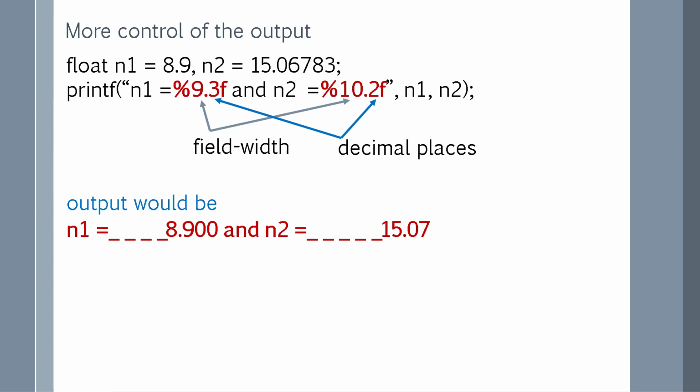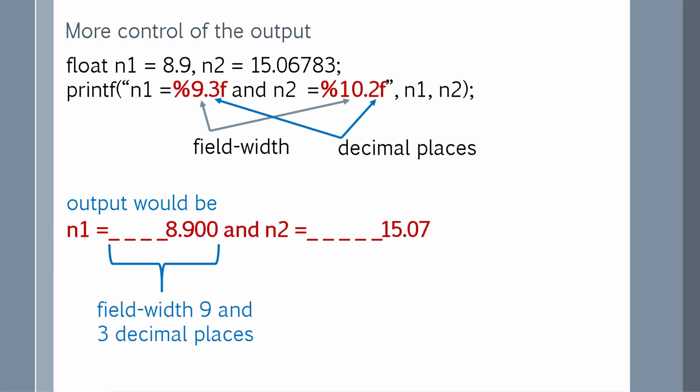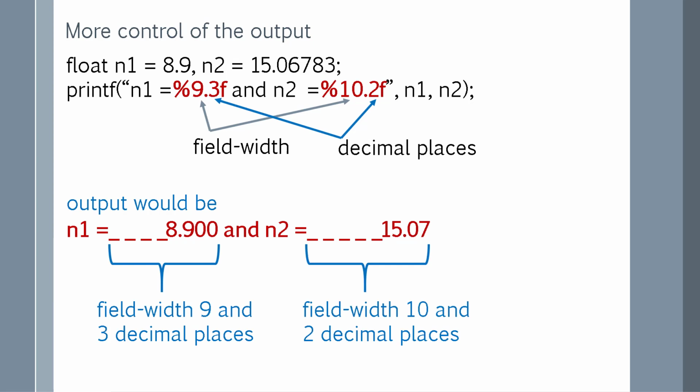The N1 variable is displayed with a field width of 9 and 3 decimal places. Notice that the decimal point counts as part of the field width. And the N2 variable is displayed with a field width of 10 and 2 decimal places. The number of decimal places is referred to as precision when you're talking about this topic.